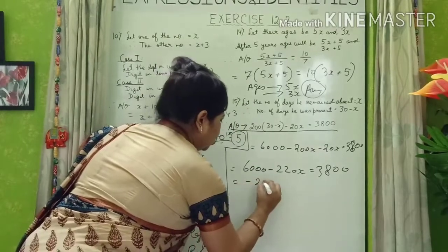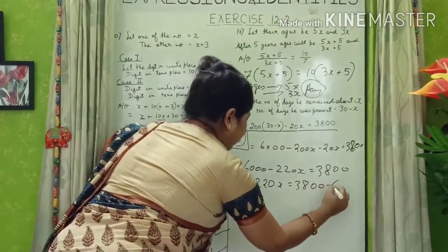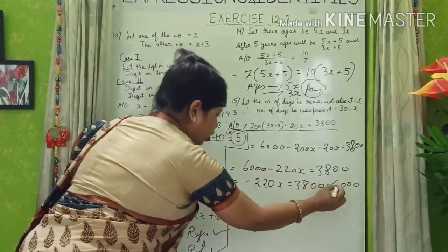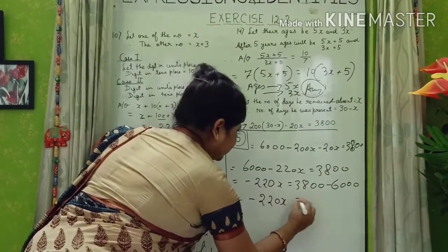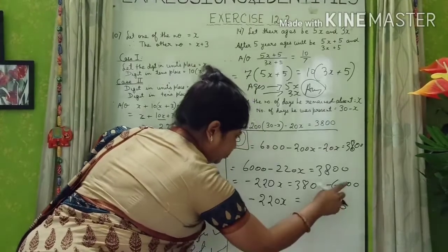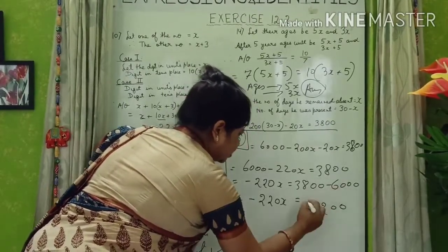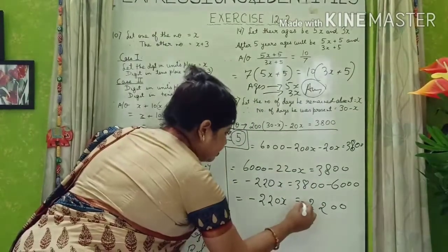So minus 220x is equal to 3800 minus 6,000. Followed? So here also you will get the answer in minus. So minus 220x is equal to minus 2200.